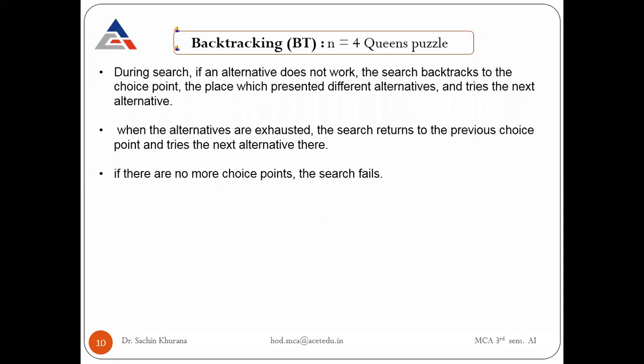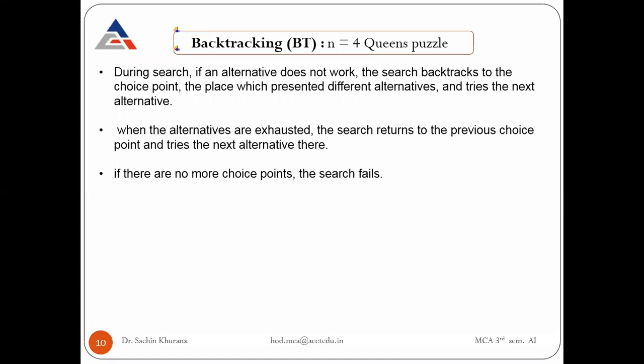So what happens is we backtrack. Backtrack means we go to the previous state again and try another choice or another solution, and then find out whether that solution is the best or right one for us or not. Backtracking means moving one location back, or to the initial state from where we started finding different solutions.